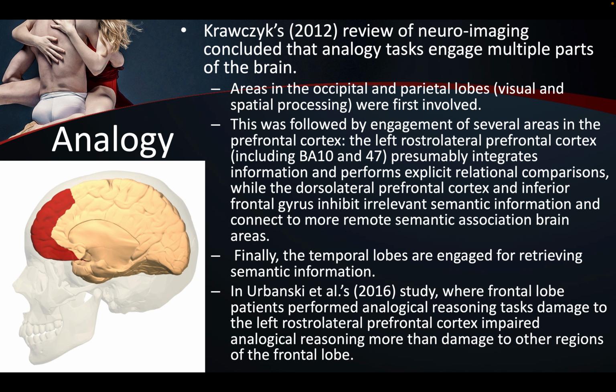This was followed by engagement of several areas in the prefrontal cortex: the left rostrolateral prefrontal cortex, including BA10 and 47, presumably integrates information and performs explicit relational comparisons, while the dorsolateral prefrontal cortex and inferior frontal gyrus inhibit irrelevant semantic information and connect to more remote semantic association brain areas. Finally, the temporal lobes are engaged for retrieving semantic information.